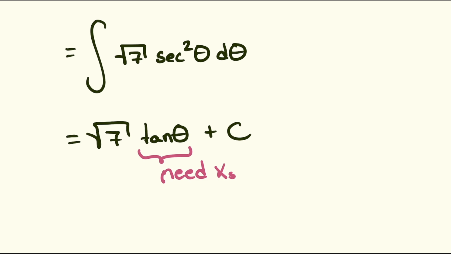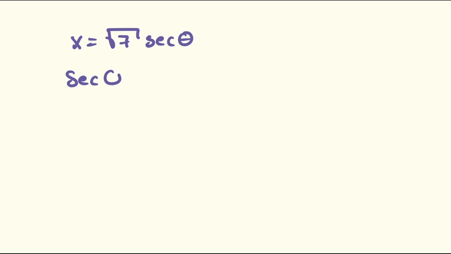We're going to go back to what we originally had. We knew that x was set equal to square root of 7 secant theta. We're going to rewrite that as secant theta is equal to x divided by the square root of 7. That looks a little bit better.